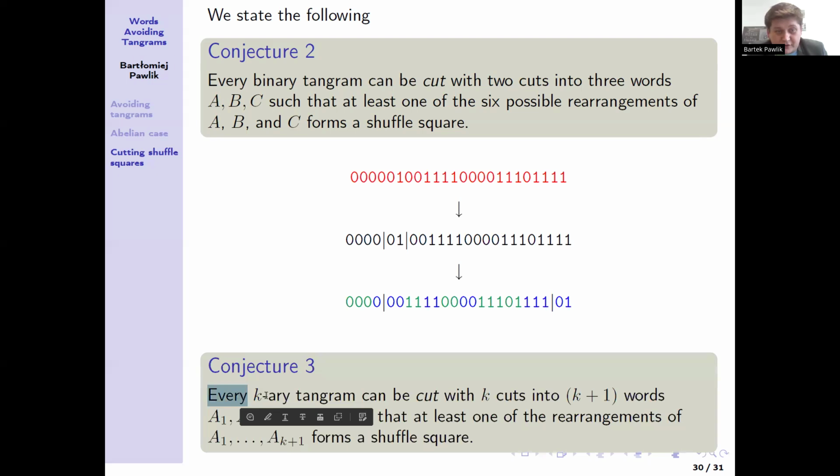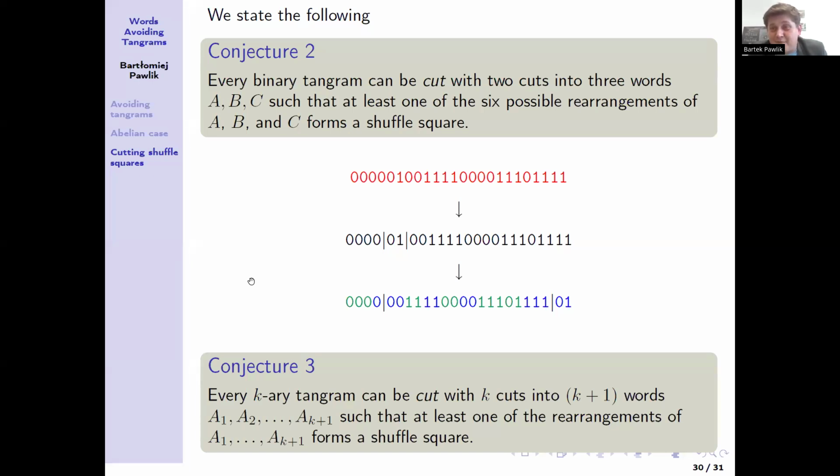To make a very large conjecture, we stated this one: every k-nary tangram can be cut with k cuts into k plus 1 words, a1 to a(k+1), such that at least one of the rearrangements forms a shuffle square. And we do not have any finite bound. We don't know if this never exists.